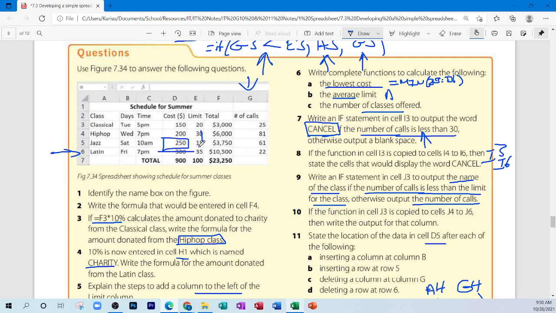So that's something that can help you to remember that when you are deleting or inserting a column, unless it's on the left hand side or it is the column itself, only then will it be affected. Anything on the right hand side of it will not affect its location.